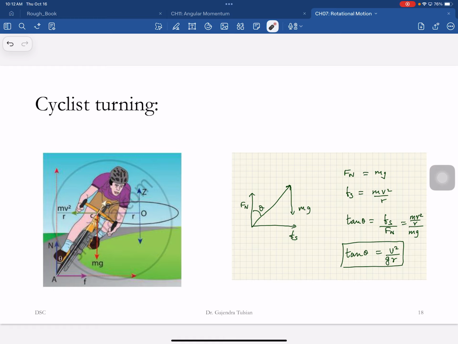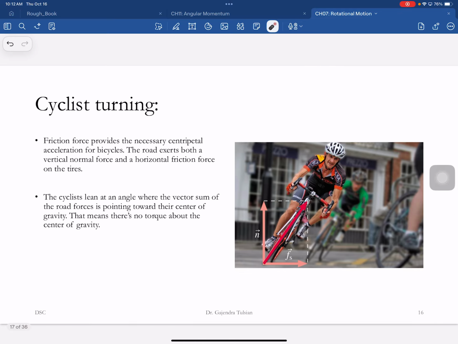Now when you lean, your body figures this out. These are the two forces that the ground exerts, the normal force and the friction force. The sum of these forces has to pass right through the center of mass. Your body automatically calculates and leans at the right angle.